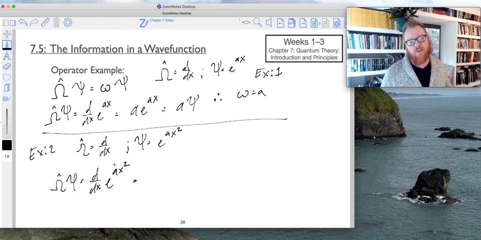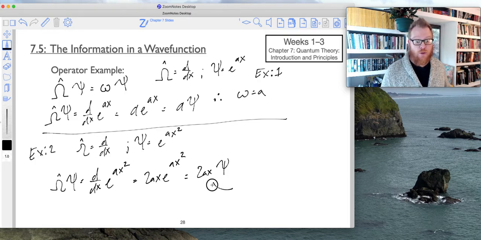So the derivative of ax squared becomes 2ax, and then the original function, so that would be 2ax e to the ax squared, which equals 2ax times psi, because e to the ax squared was psi.